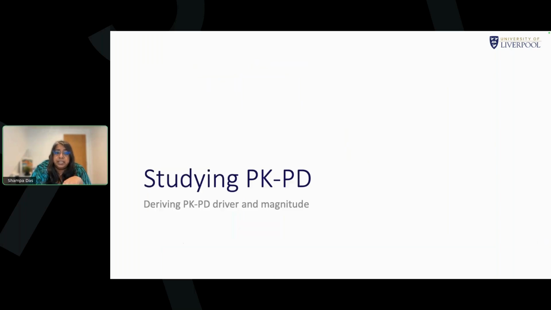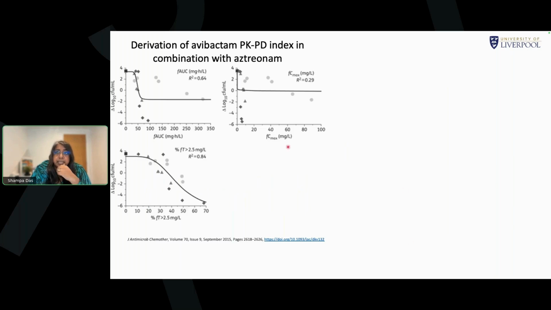So let's start with how we can use these models to study PK/PD and why there might be an advantage to using an in vitro model to do this. This example here was developed during the development of the combination of avibactam, which was being developed with aztreonam. So avibactam is a non-beta-lactam beta-lactamase inhibitor, and we wanted to understand the PK/PD of the avibactam in combination with the aztreonam.